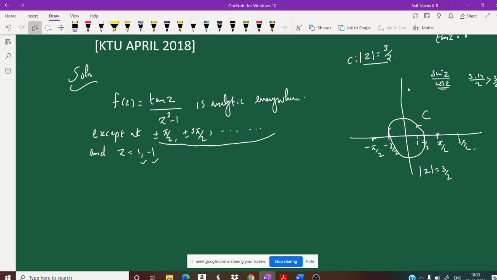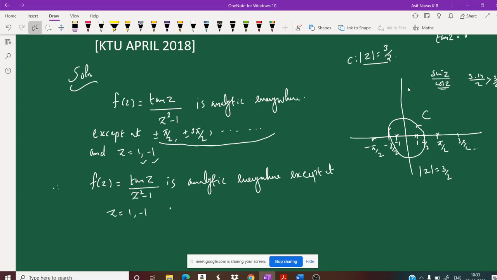So 1 and minus 1 are the only singular points inside C. Therefore, f of z equal to tan z divided by z square minus 1 is analytic everywhere except at z equal to 1 and minus 1 on C. So we will consider only those singular points which are inside C.